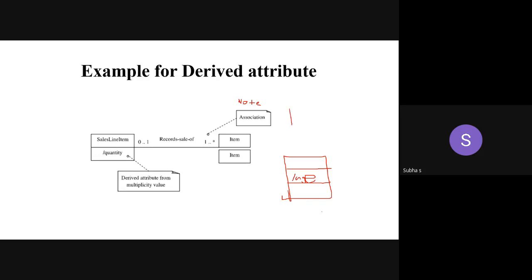Here you have to draw, not a normal rectangle. You have to make a slight curve, then draw it, and shade this one. This is the way of drawing a note in a UML diagram. You should include all the possible notations in a class diagram, but don't make it very clumsy. It should be attractive and neat also.